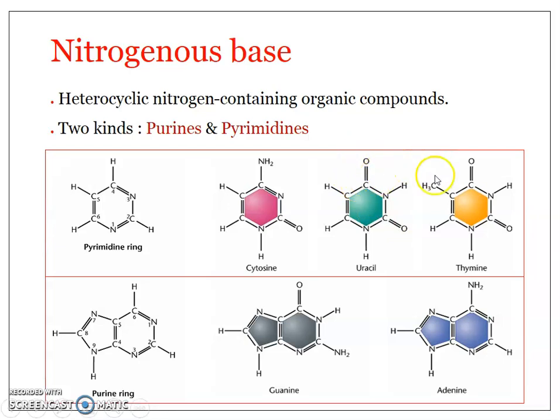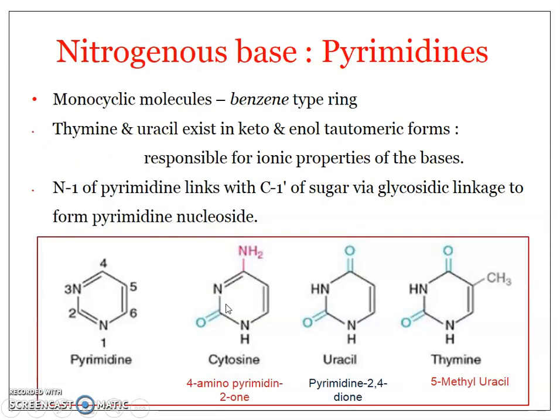Okay, and thymine is a modification of uracil. What is the difference? The second and the fourth carbon have double bond O, and along with that the fifth carbon is attached to a methyl group. Okay, so we can say it is 5-methyl uracil. Thymine is 5-methyl uracil.